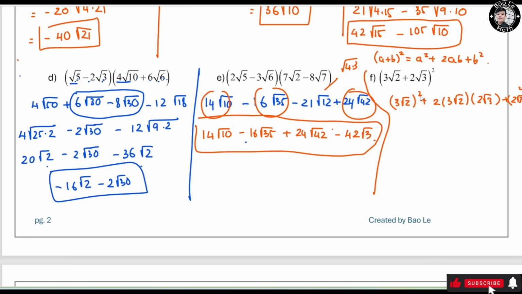Now 3 square equals 9. Root 2 square equals 2. 2 times 9 equals 18, right? Plus 2 times 3 times 2, it will be 12, right? Root 2 times root 3, it will be root 6. And 2 square equals 4. Root 3 square equals 3. 3 times 4 equals 12, right? Now 18 plus 12 equals 30 plus 12 root 6.